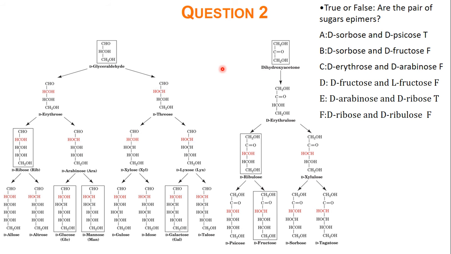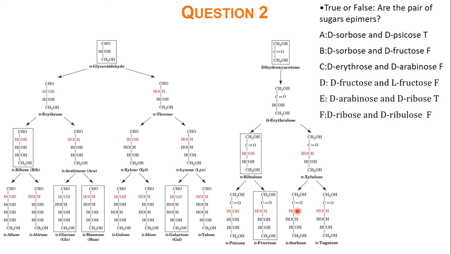Continuing on with epimers, some true and false, looking at our sugars here. If we look at sorbose and psicose, are these epimers of each other? We're looking at our chiral centers, and an epimer means that you are different at exactly one chiral center. The first chiral center is the same.